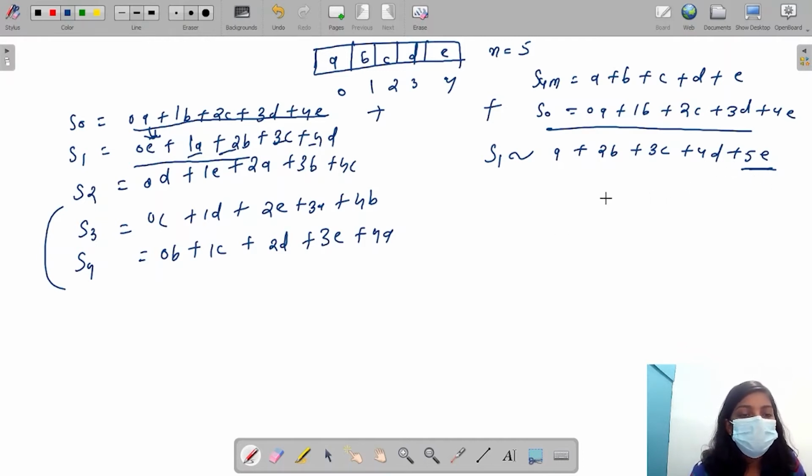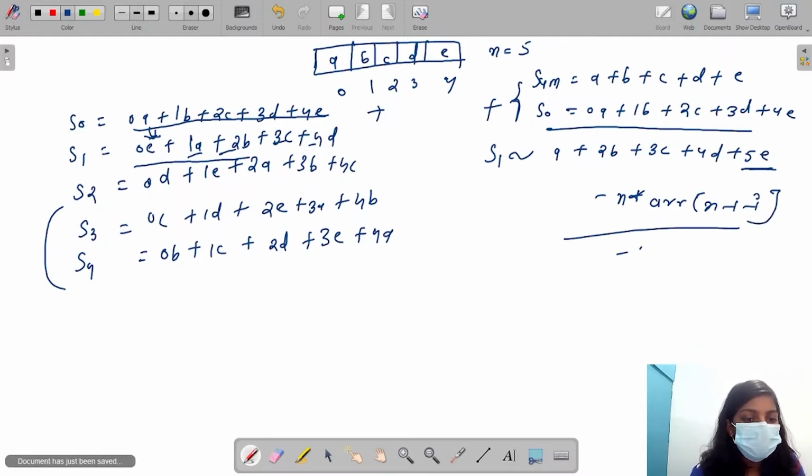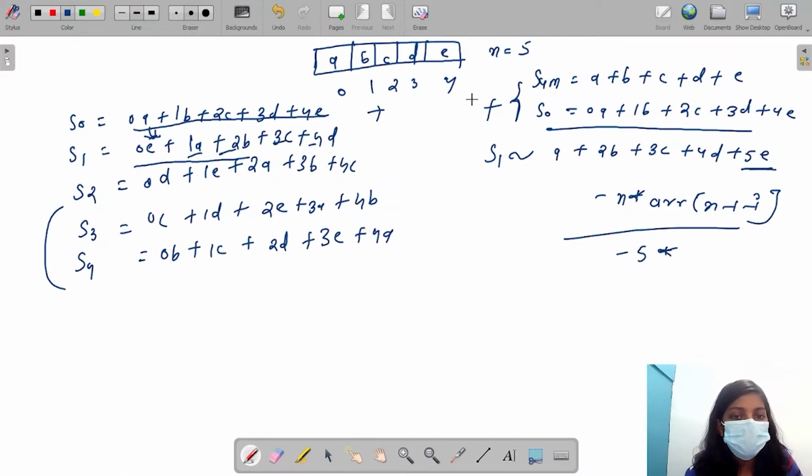So I will add both of these and subtract n into ARR of n minus 1 minus I, right? Because n here is equal to 5, multiplied by ARR of n minus 1, which is 4, and I here was 0 for this. So it will be equal to ARR of 4. ARR of 4 is what, E. So this cancels this, so it becomes 0E. Now my answer is exactly S1, right?